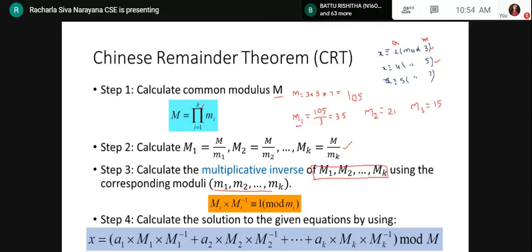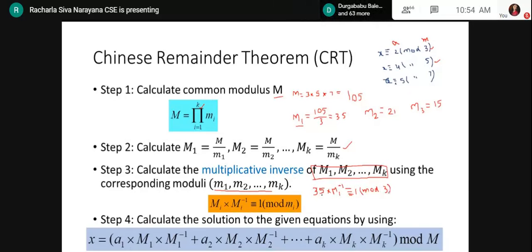So first we take M1. M1 value is 35. So 35 into M1 inverse congruent 1 mod, small m1 is 3.